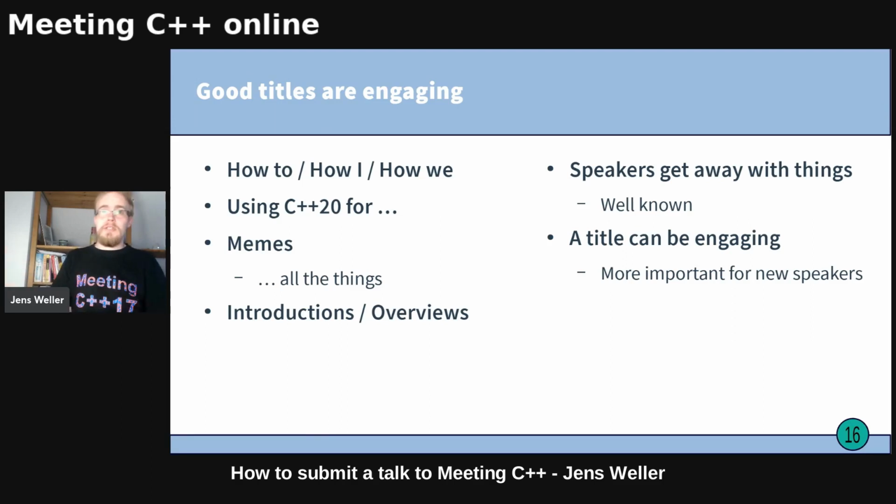I trust that speaker, and even if the title is weird, I read the talk description, and it makes me interested to see what they say. And they also often get away with that during the review. I've seen that not on Meeting C++ so far, but on other platforms, that talks are not anonymously reviewed, and then it's a big influence: oh, that's because they give great talks, we should have them at the conference.